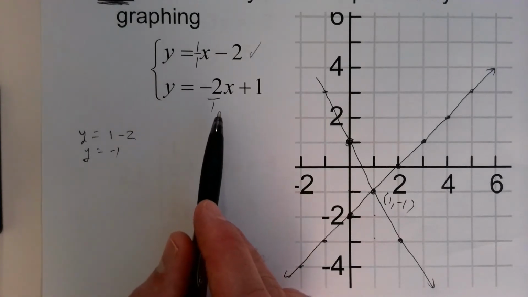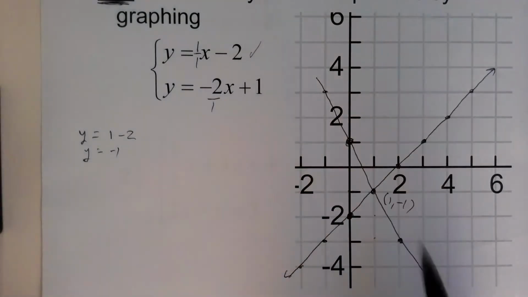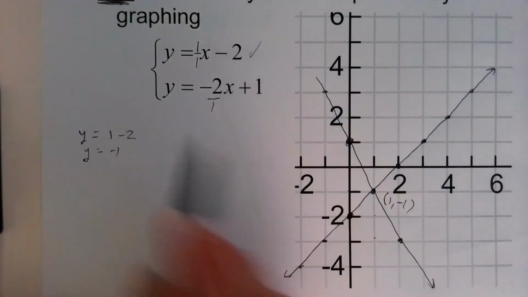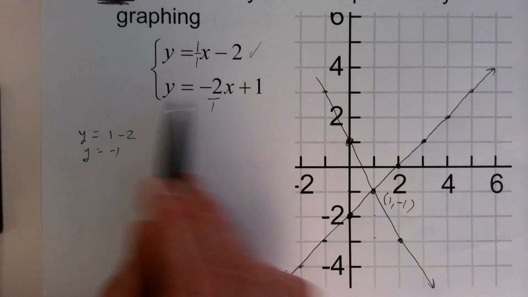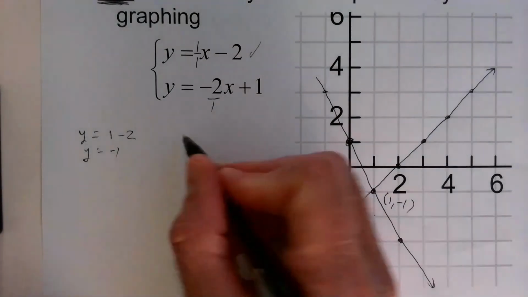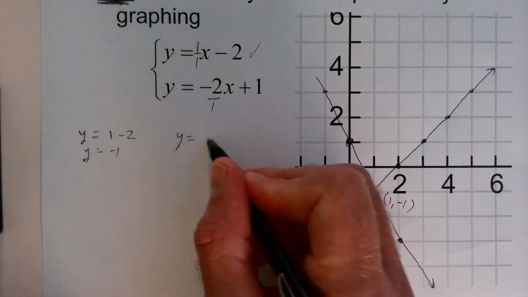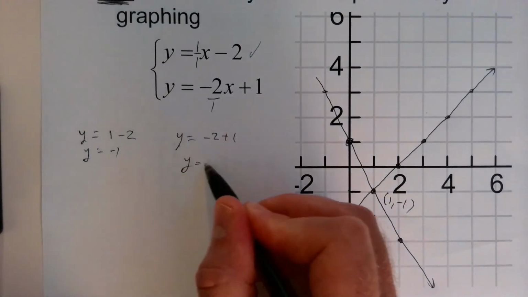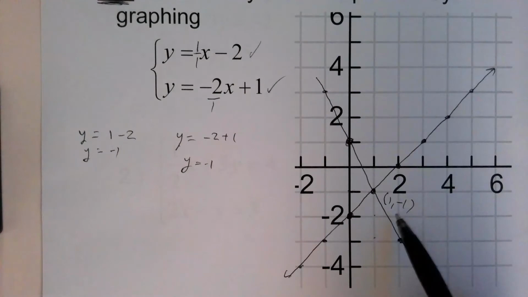You just want to make sure that you get the same values when you do. Or you could plug in both and you want to make sure that you get equality either way. So I'm going to plug in a 1 for x on the second equation, and minus 2 plus 1 is a minus 1.